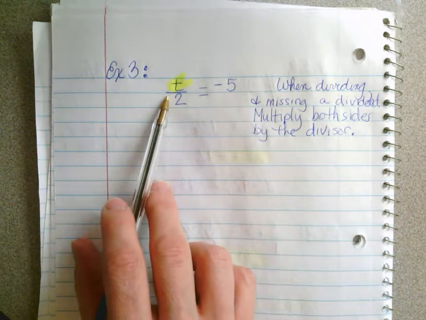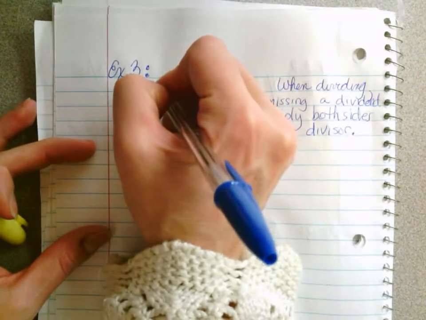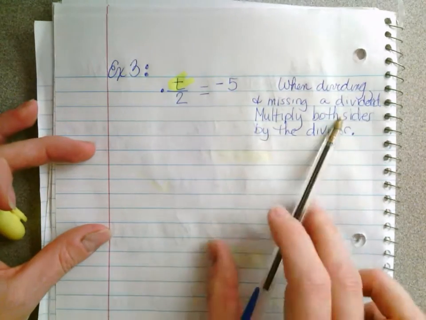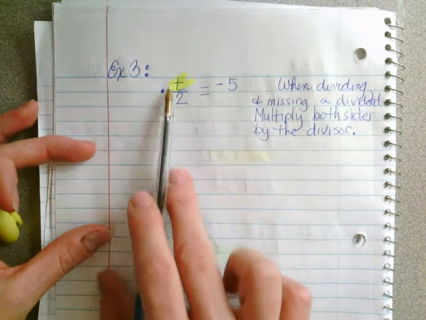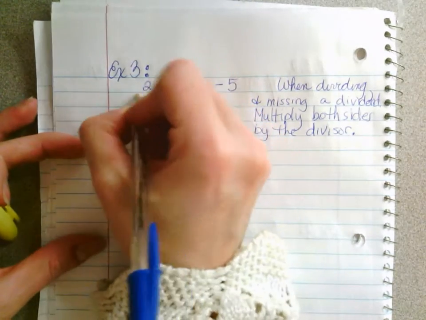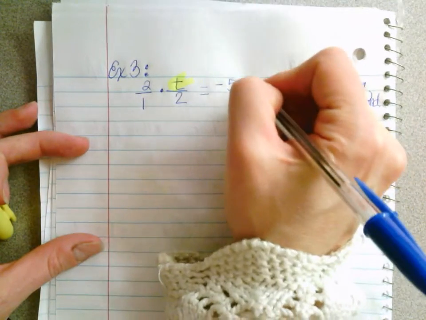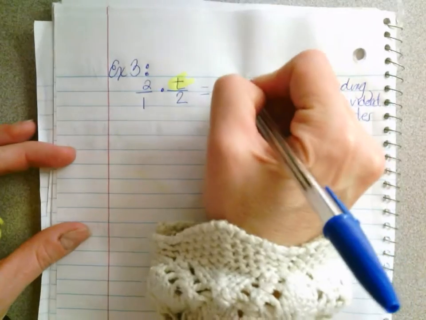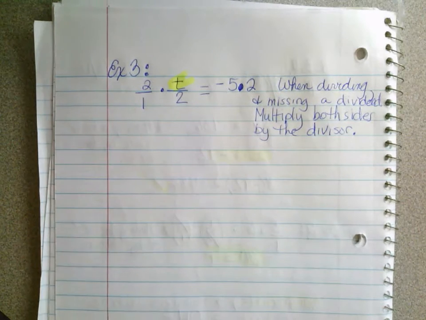So what are we going to multiply both sides by? We're going to multiply both sides by the divisor. Which one of these is the divisor? Good. So on the right it might look like this, and on the left, let's make that into a multiplication.